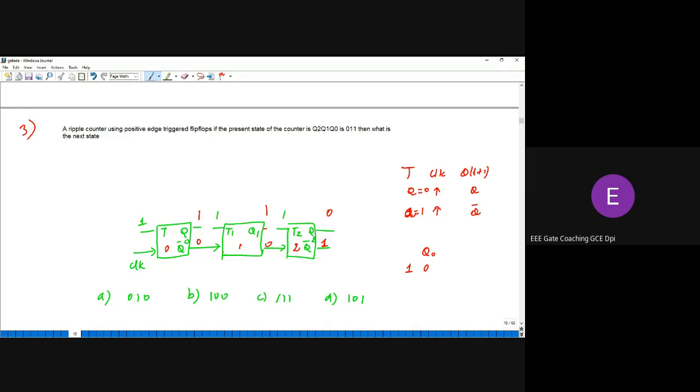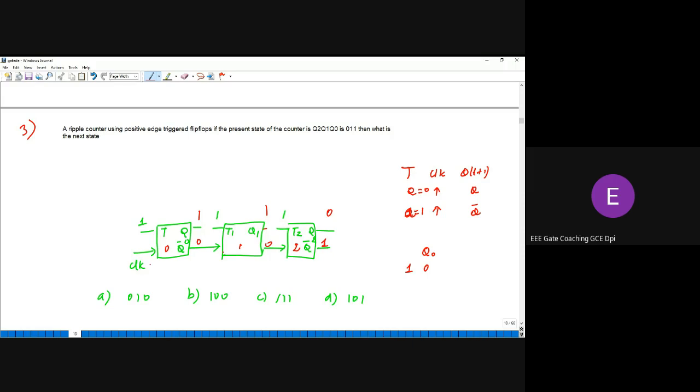But is this a synchronous clock or an asynchronous clock? So what is synchronous clock? If the clock is given to the flip flops at the same time, that is called synchronous clock.